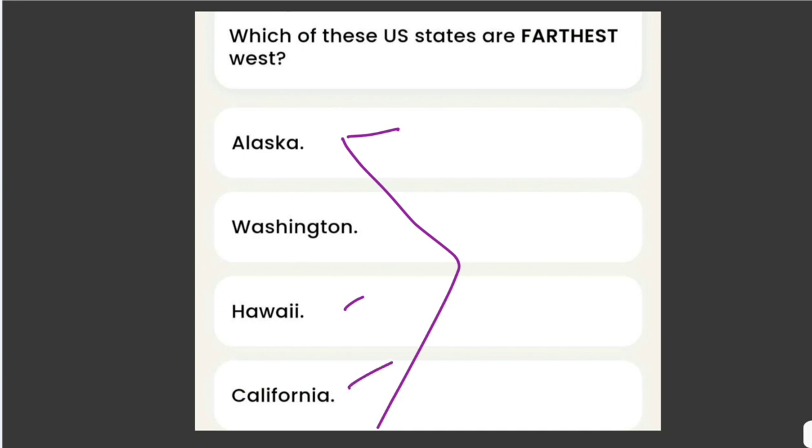California is located on the west coast of the United States and is bordered by the Pacific Ocean to the west, while Washington is also located on the west coast, bordered by the Pacific Ocean to the west, and is located north of Oregon and south of British Columbia, Canada. Therefore, the state that is farthest west is Alaska.